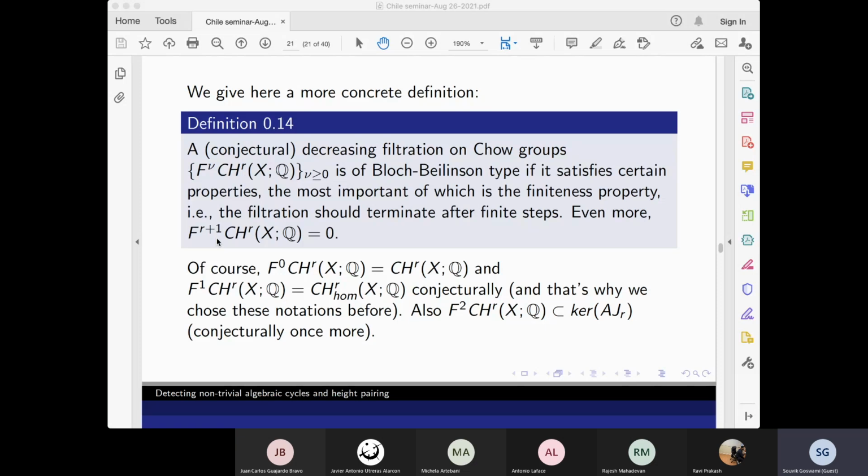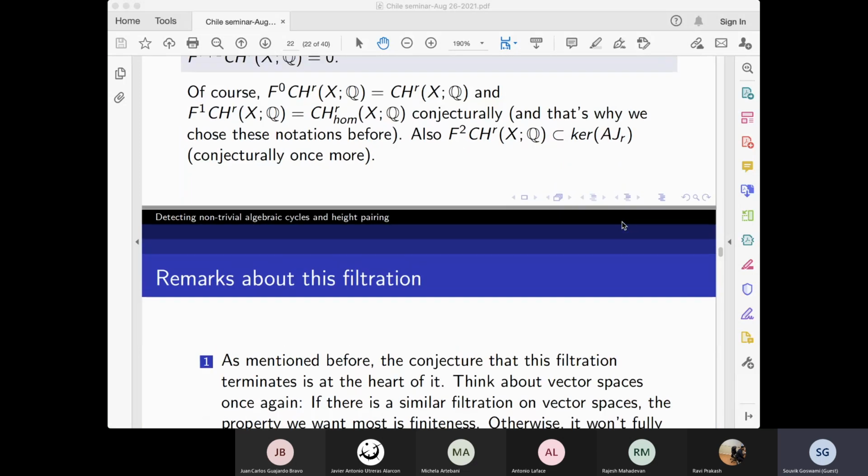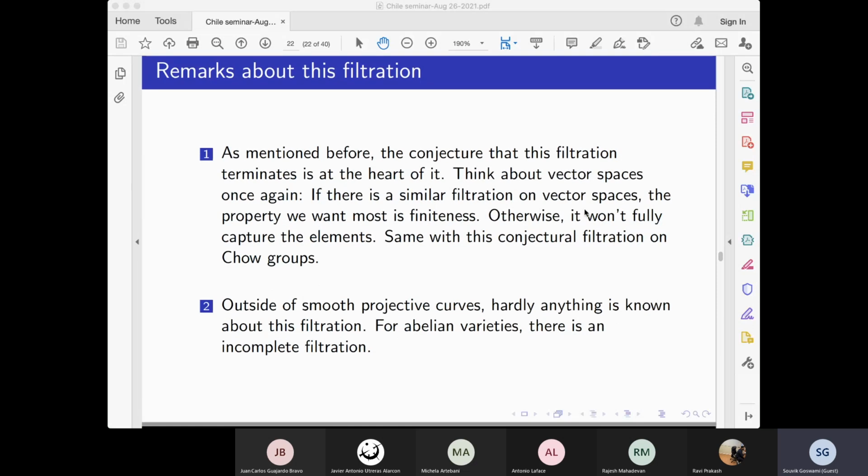And there's a reason for that. If you want to study a vector space through filtrations, you want that to stop. Otherwise, you cannot capture all the elements. That's the reason why the filtration should stop.